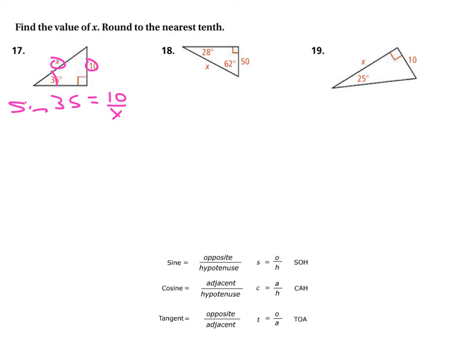The very next step, we're going to rewrite it with those switched. X equals, the 10 still stays on top, it's the sine of 35 that stays on the bottom.